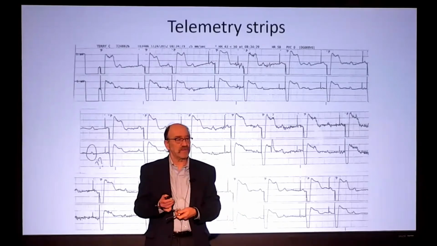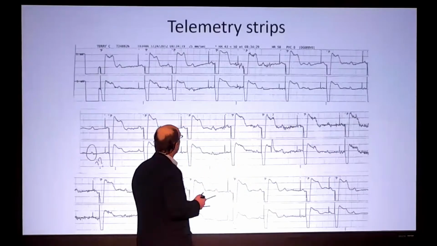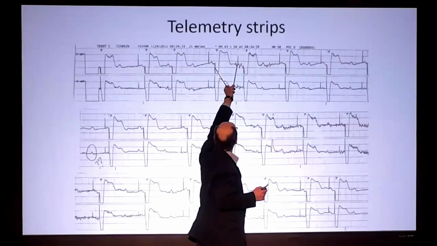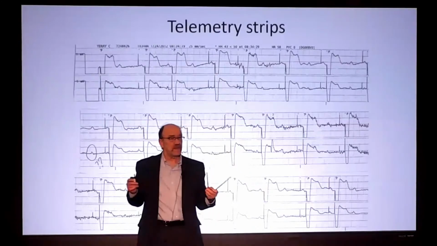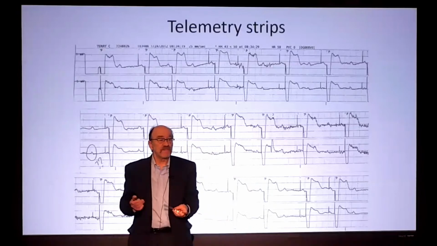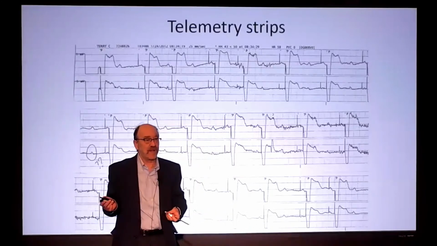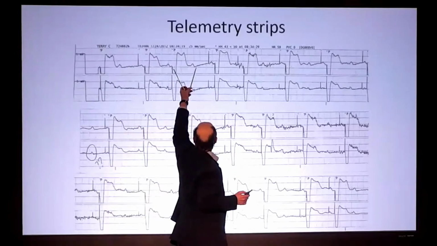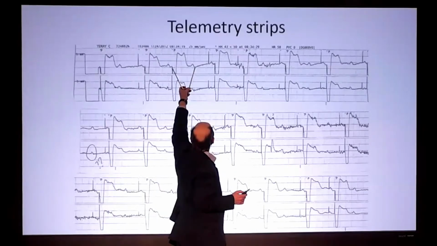Sure, you can have rate response on, but the patient's lying in bed in the ICU. So you could go from the V pace to the A pace, right? And that would be the escape interval, because if there's something sensed, it should track it, right?